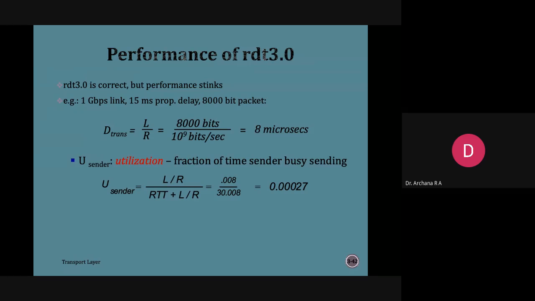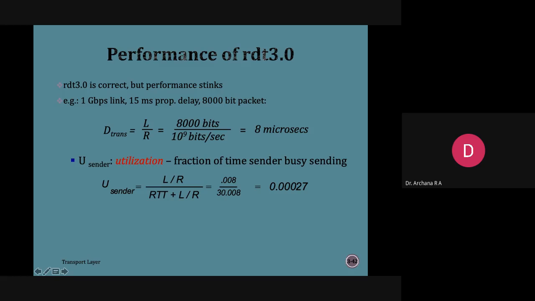Okay, so here we have a formula called U sender. U sender is nothing but the utilization factor that you are going to calculate at the sender side, that is, how much fraction of time the sender will be busy sending the packet.